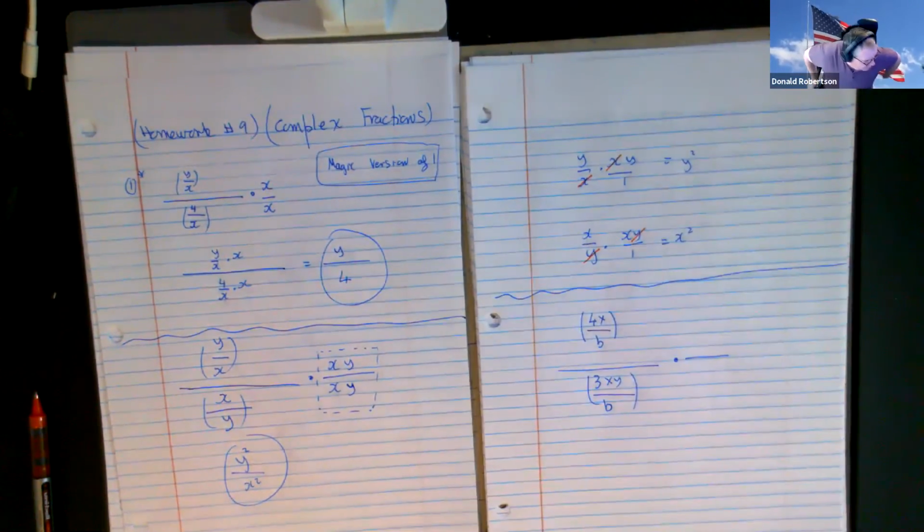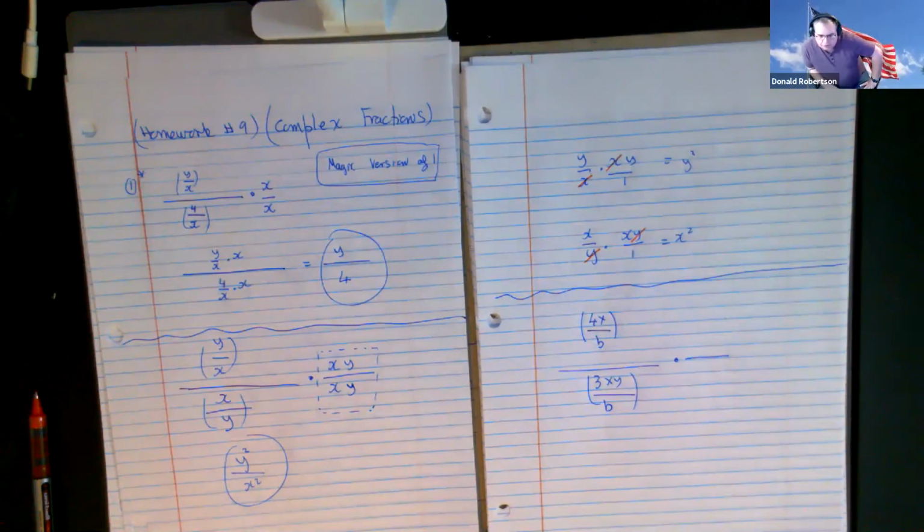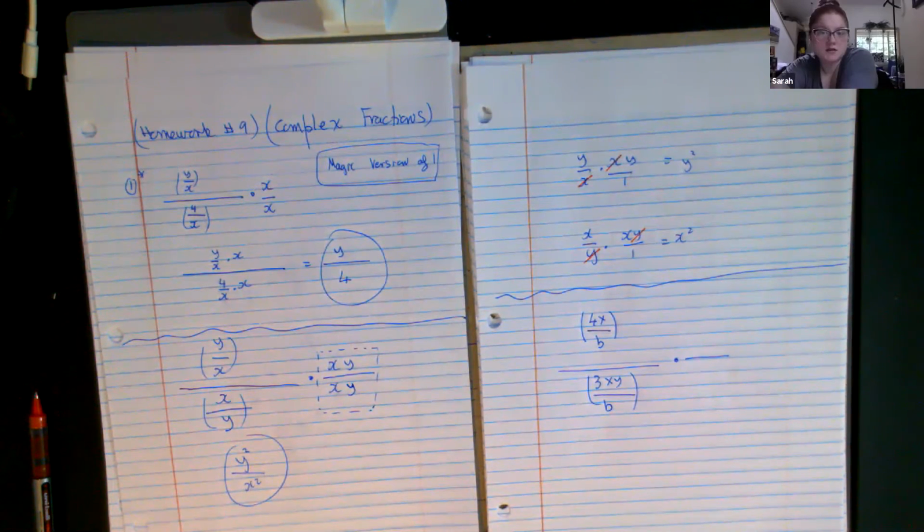What magic version of 1 do you think I'm going to use in this question? I don't just randomly pick things. There's a reason I choose what I did choose. B? B over B. Agreed.